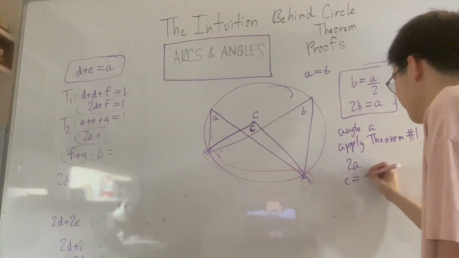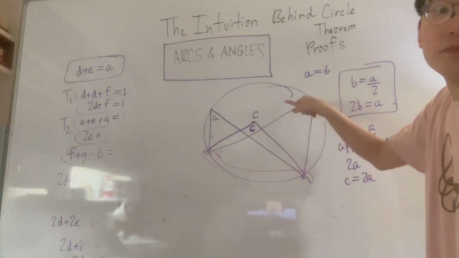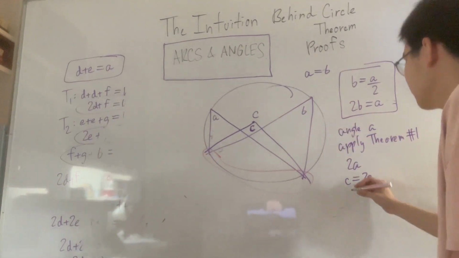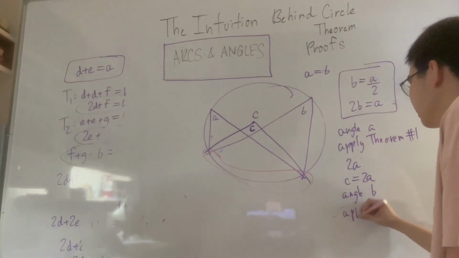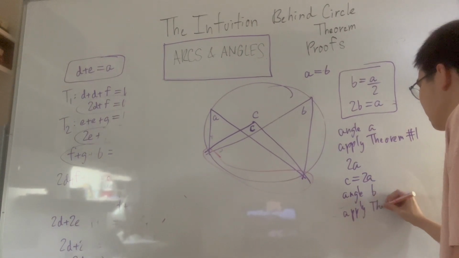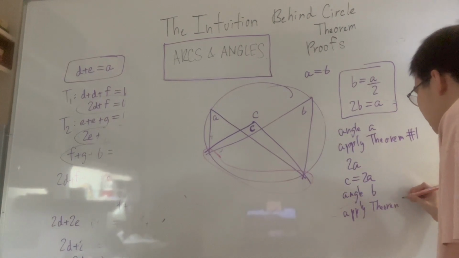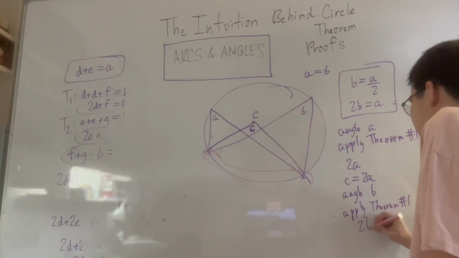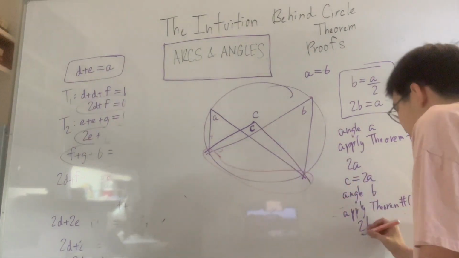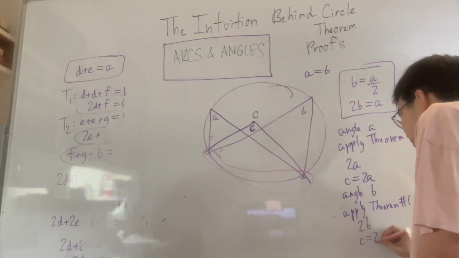So C equals 2A. But I can do the same thing to here, angle B. I can do angle B, apply theorem 1, and get 2B, which is also equal to this angle C.